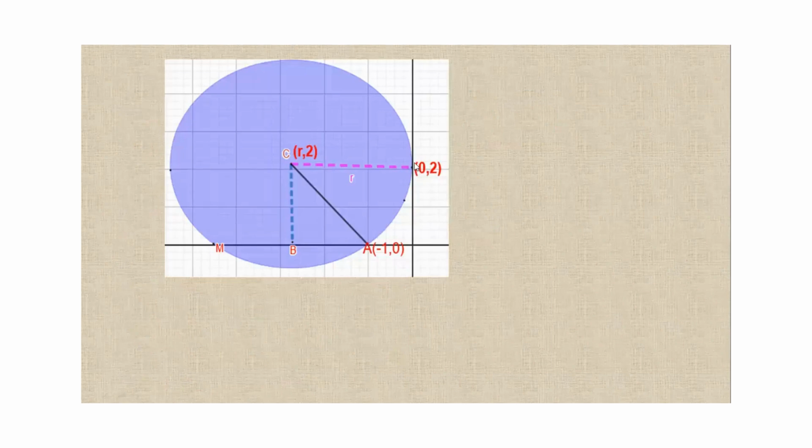Here is the circle tangent to the y-axis at this point. The value of k is 2, and the value of h is r. There is a point on the circle, (-1, 0). So the equation of the circle is what we already discussed.